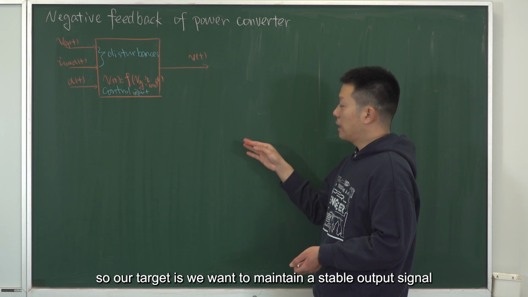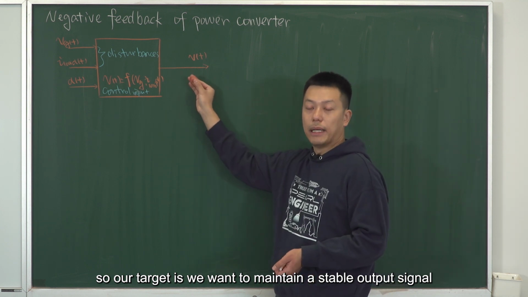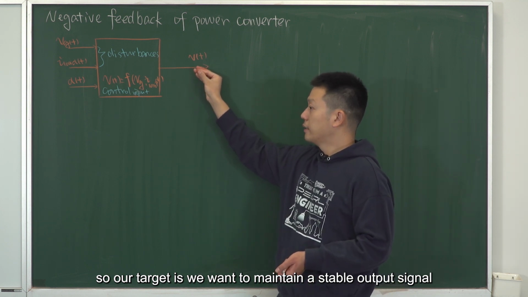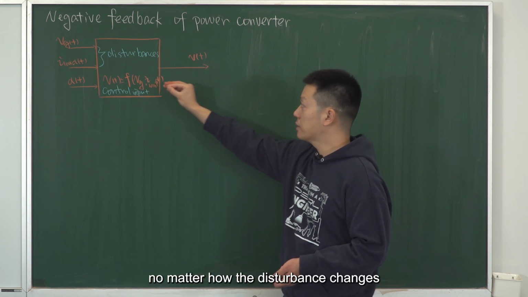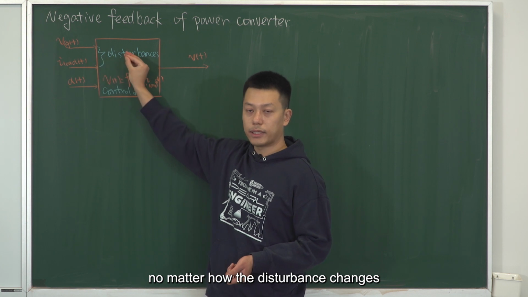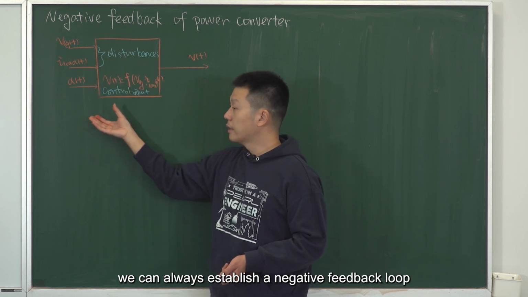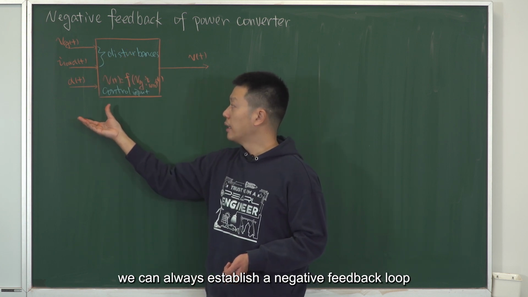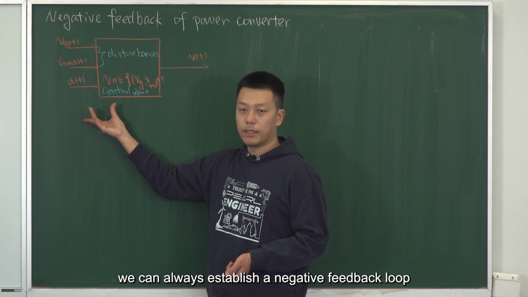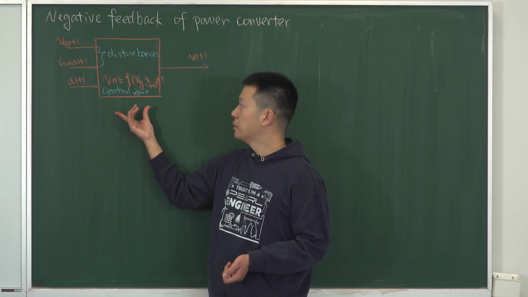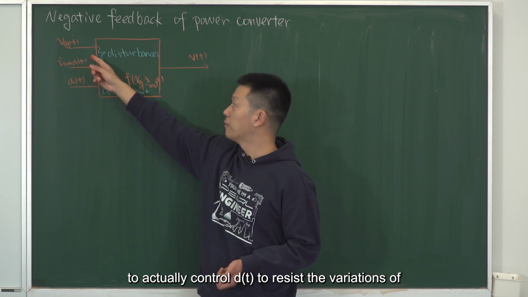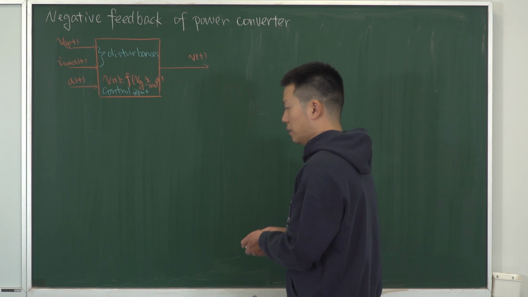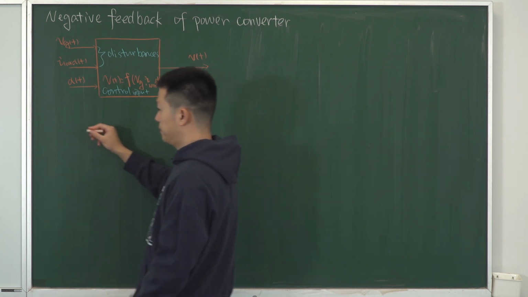So our target is we want to maintain a stable output signal, right? No matter how the disturbance changes, we can always establish a negative feedback loop to actively control d to resist the variations of Vg and Iload. So here is the objective.